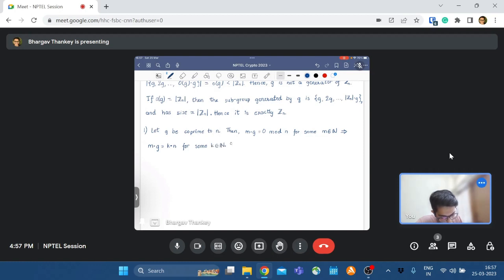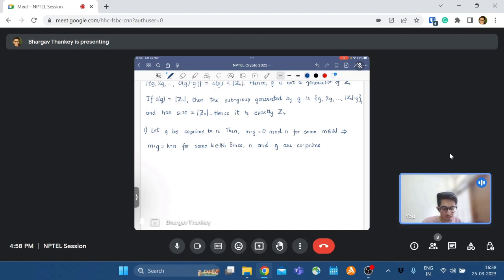Now since n and g are coprime, that is, the GCD is 1, that is, g and n do not share any prime factors, right?